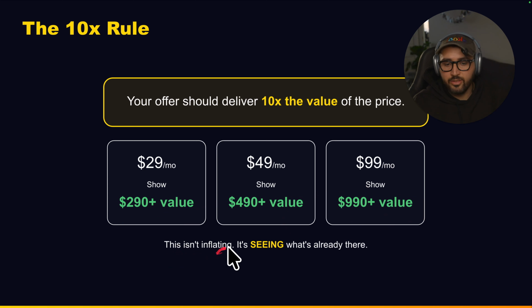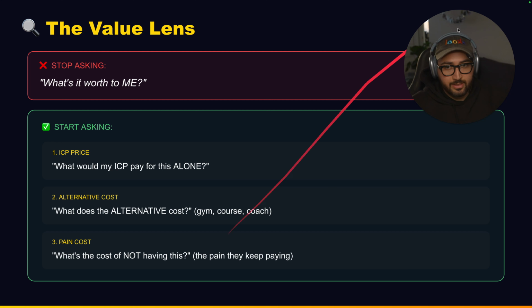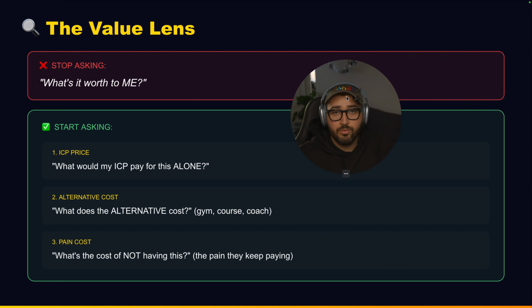And this isn't inflating numbers, it's seeing what's already there. We just want to show them what we have, and we are not saying, hey, this template is worth 5K. No, we want to offer something that makes sense.